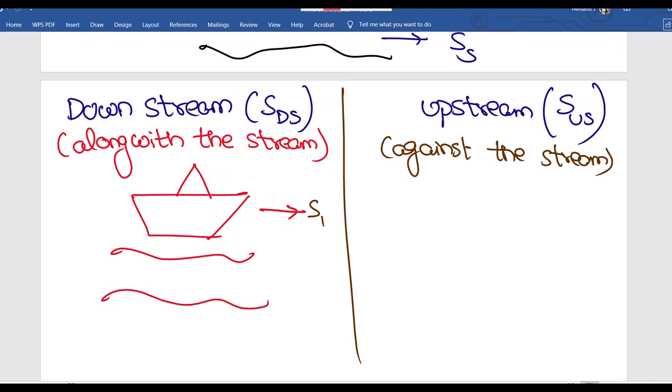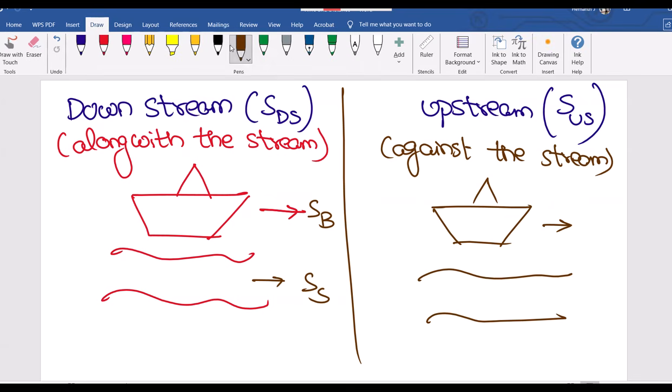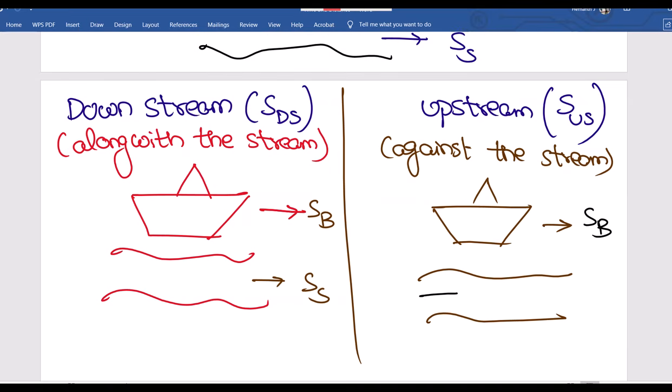Indirectly, my dear friends, see, in downstream the boat and water both travel in the same direction. In upstream, boat and water travel in opposite directions. Now a very important concept comes into the picture. Can you tell me whether downstream is SB plus SS or SB minus SS?